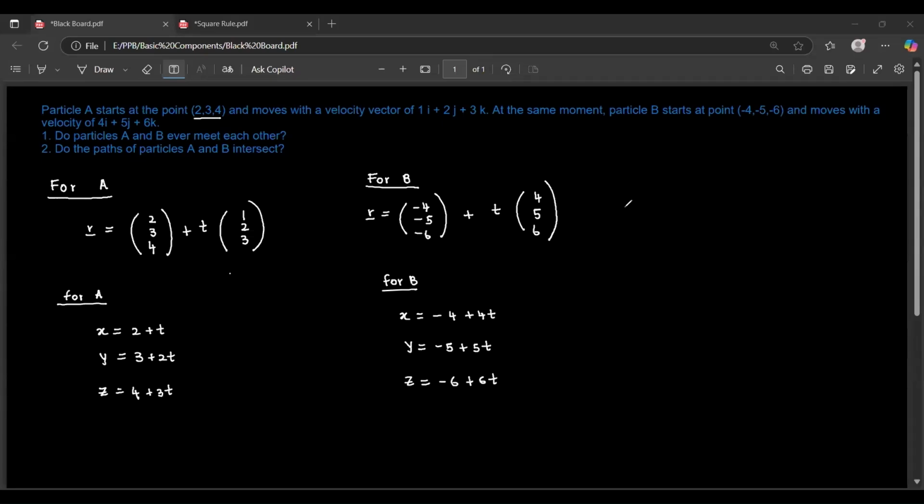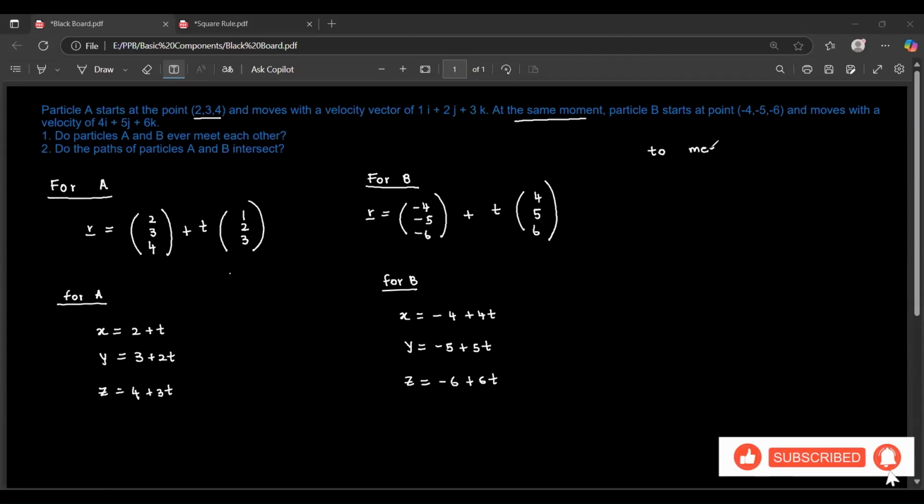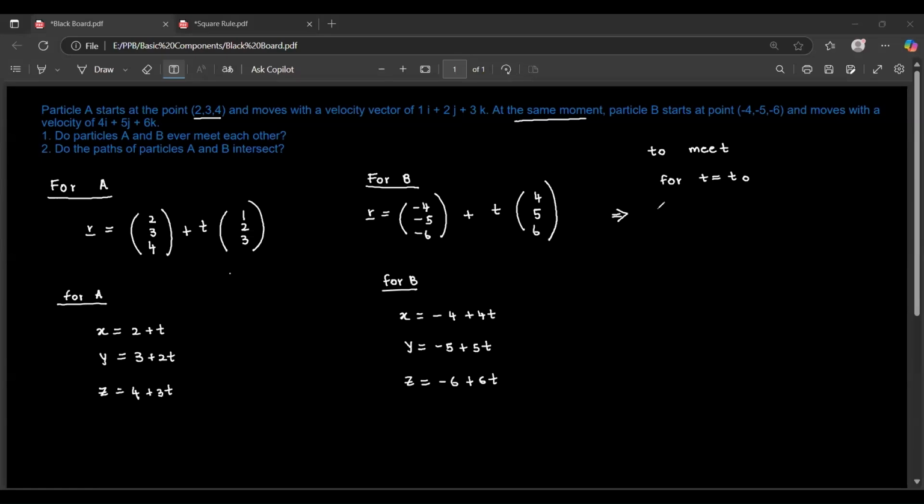The idea behind this is, if the particles are meeting at a specific point of time, since the motion started at the same time, then for t = t naught the x, y, z coordinates of A must be equal to the x, y, z coordinates of B, respectively.